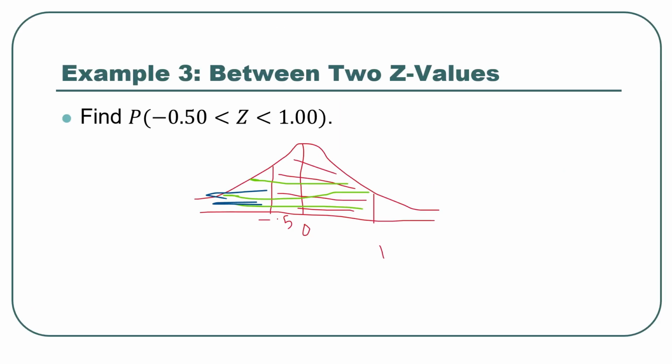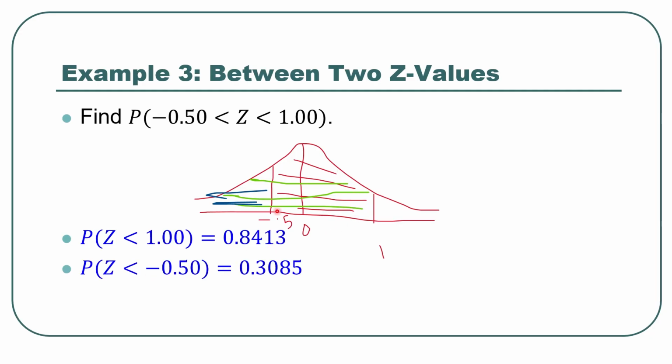So going back to our graph, here is my graph. I got that area from my table and it was 0.8413, that green area, the bigger area, and we did read together the smaller area, which was, as we said, 0.3085.